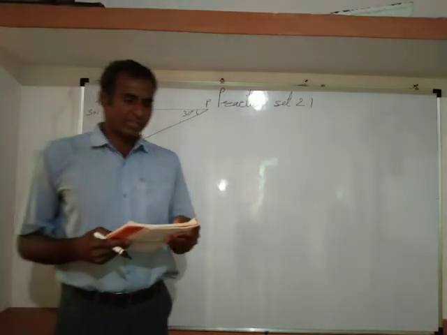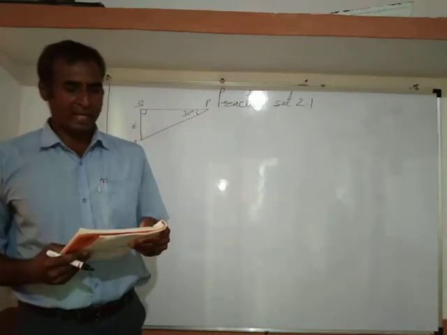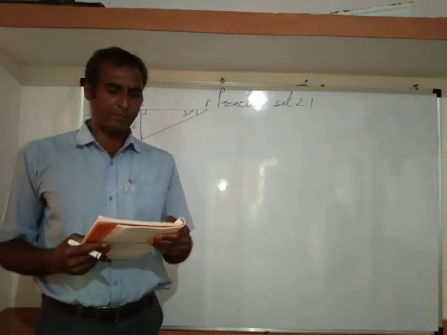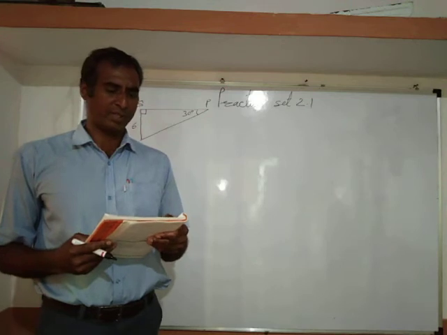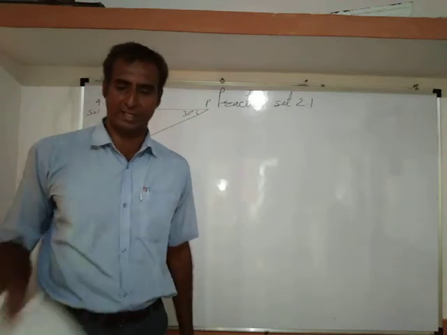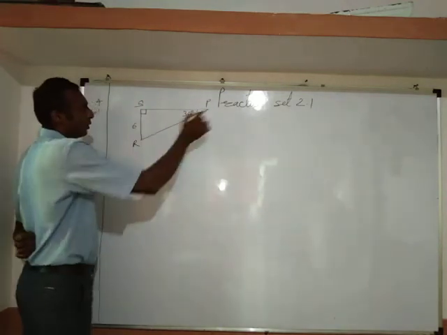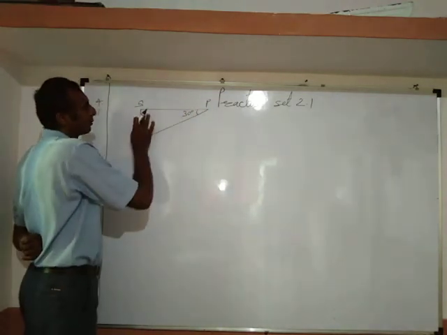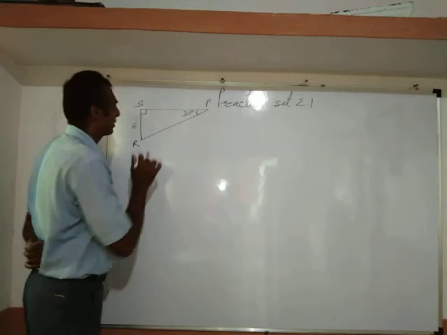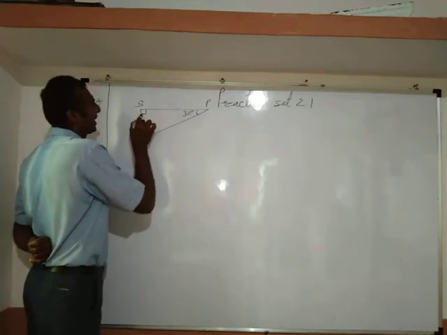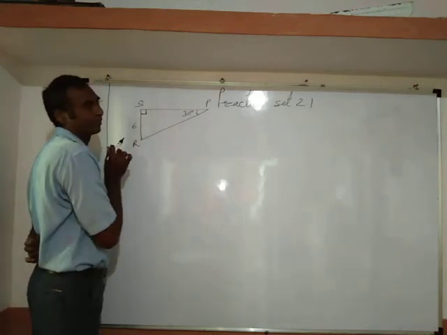Question 4. See the figure. Find RP and PS using the information given in triangle PSR. If you observe triangle PSR, you may note one of the angles measures 90 degrees because it is symbolically represented as a right angle.